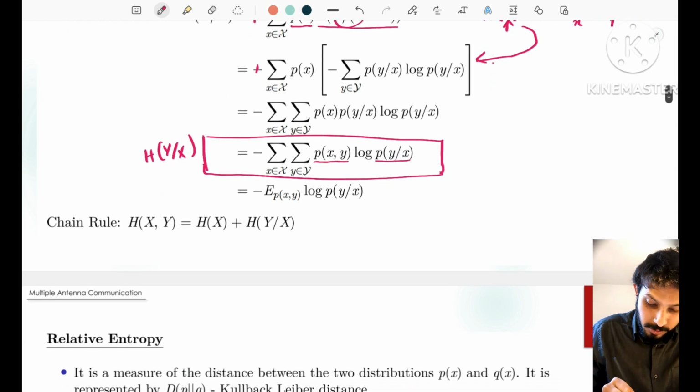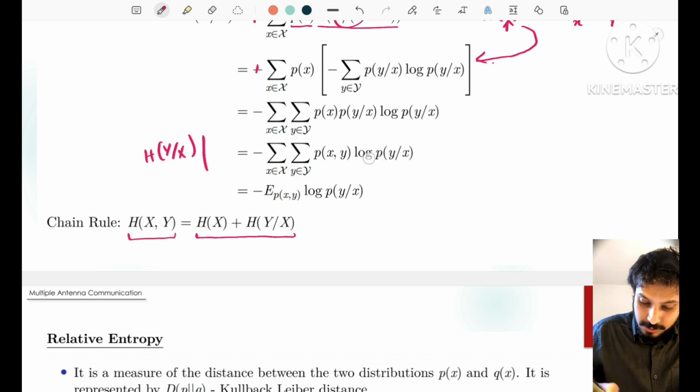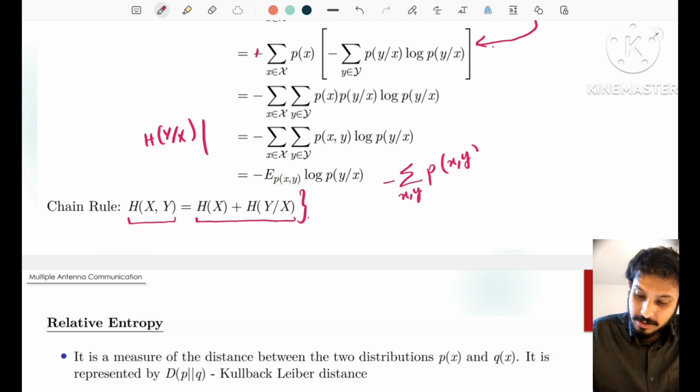And we have the chain rule, which specifies that the joint entropy of X comma Y is equal to H of X plus H of Y given X. We can also prove this. The entropy of X comma Y is given as minus summation over x comma y of p of x comma y times log 2 of p of x comma y.